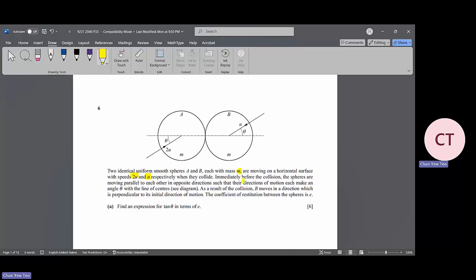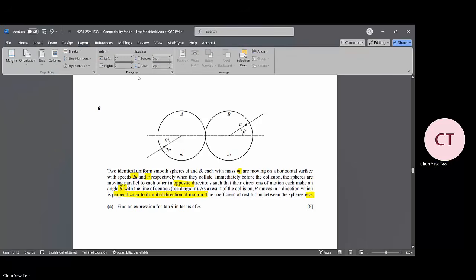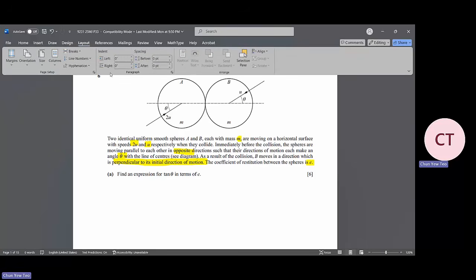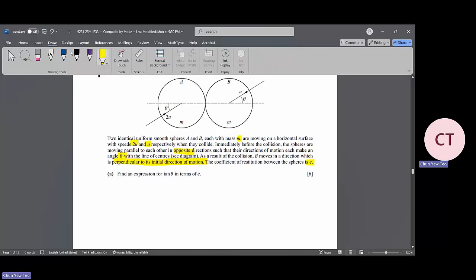Immediately before collision, the spheres are moving parallel to each other in opposite directions, such that their directions of motion make an angle theta with the line of centres. As a result of the collision, B moves in a direction perpendicular to its initial motion. The coefficient of restitution between the spheres is e. Find the expression for tangent theta in terms of e.